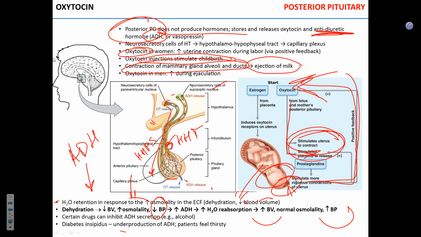In response to low blood pressure, ADH will increase water reabsorption, and it will also lead to vasoconstriction, constriction of blood vessels, right? When blood vessels get narrower, smaller in diameter, what happens to the blood pressure? Goes up.